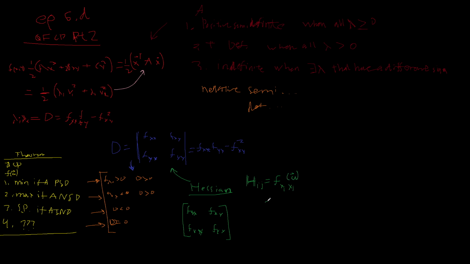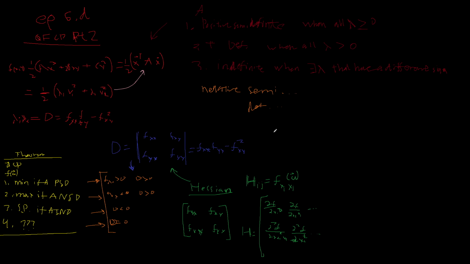So a large matrix can look like this: the partial x1 squared of f, then x2 x1, and so on. Here is going to be x2 squared, and on and on. That's what that H is going to look like.